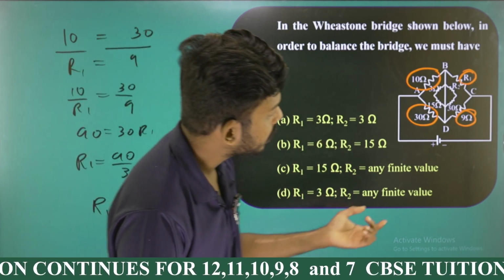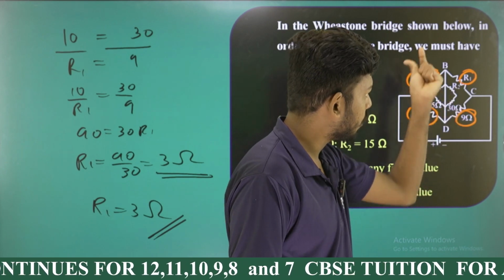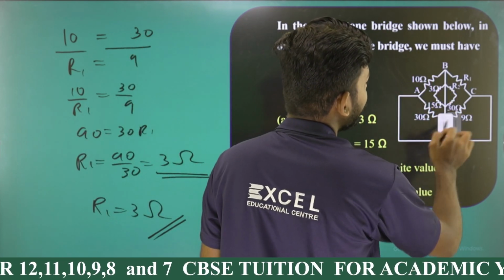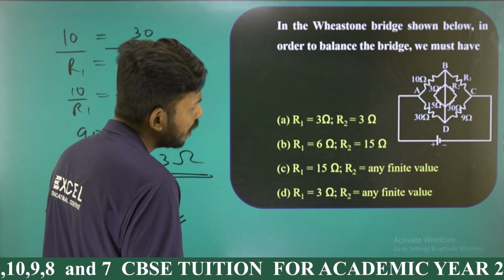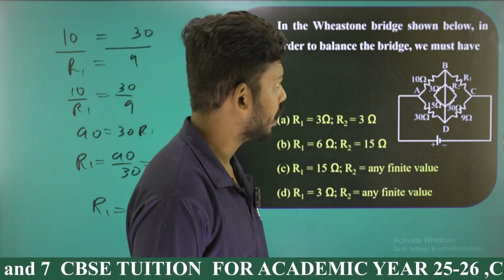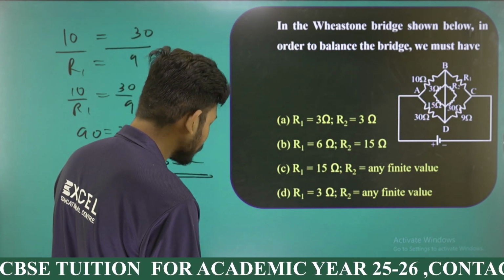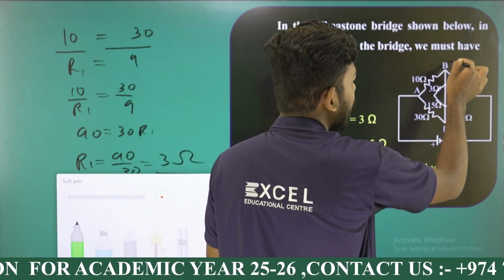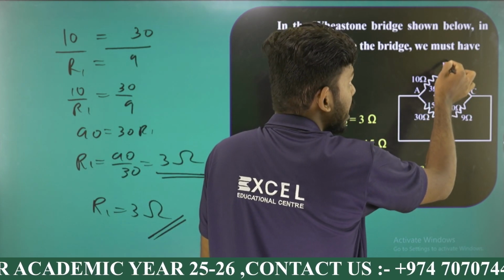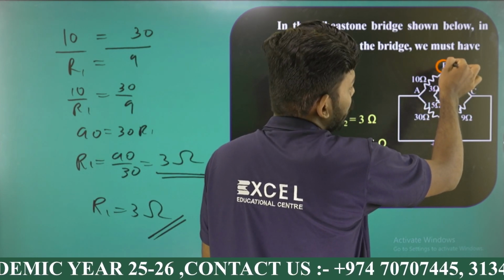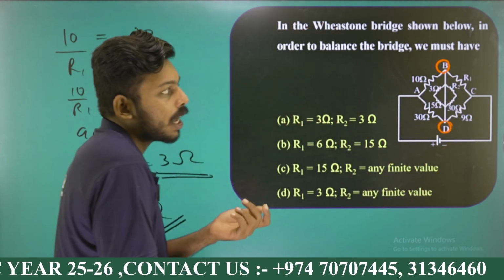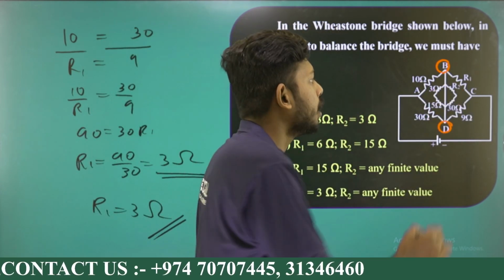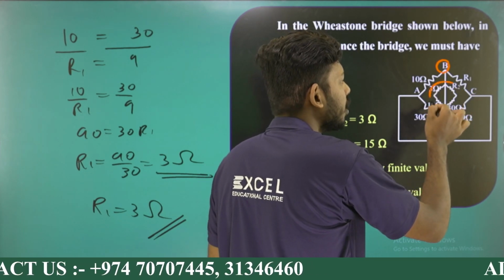You can see that there is another Wheatstone bridge present within the Wheatstone bridge, but there is nothing to worry about. If the first Wheatstone bridge is in balanced condition, which means there is no current flowing from B to D, then there will be no current flowing through the internal small Wheatstone bridge.